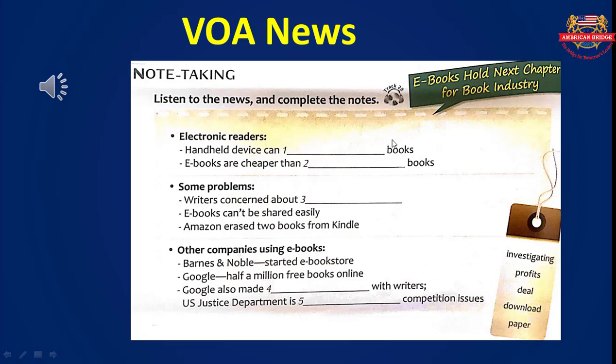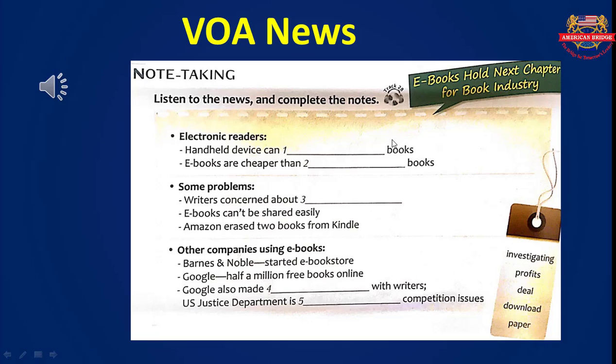Google also met what? With writers. So, met deal or met investigating, everyone? Number 4, met deal. Okay, met deal with writers. Meaning that Google also gives a good price to the writers who write the books as well.